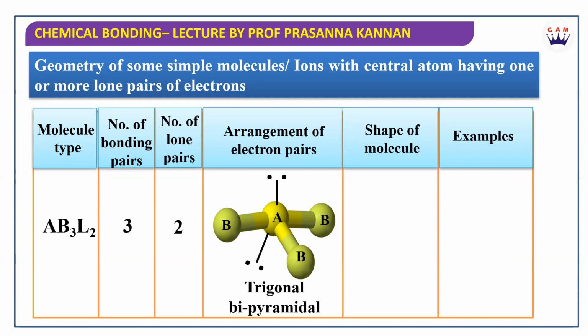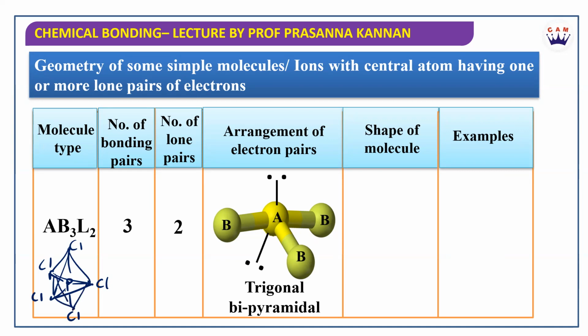So you will have the central atom, three bonds, then one on top, one on the bottom. This forms a triangle. These form a pyramid. So trigonal pyramidal, but it is there on both sides.